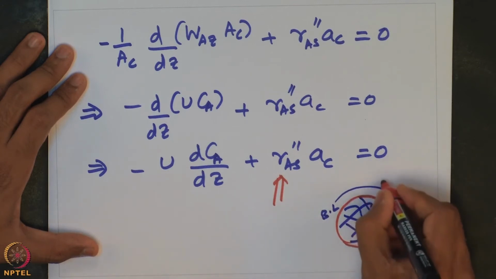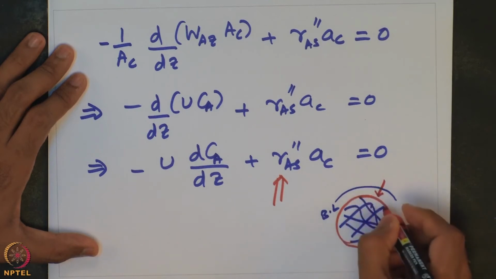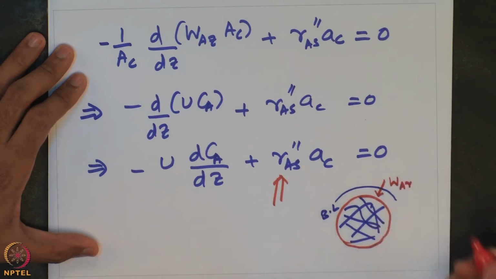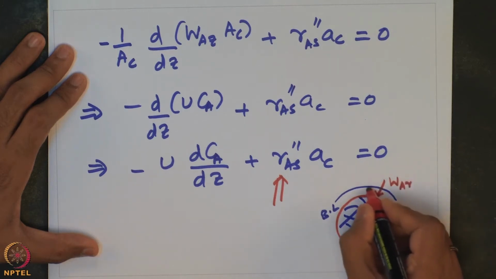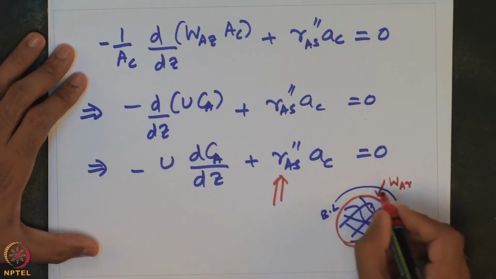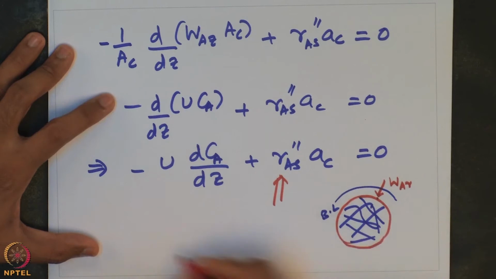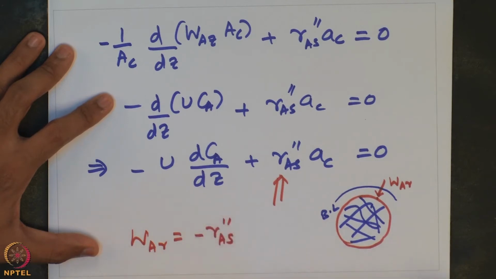The species which is entering through the boundary layer to the surface of the catalyst pellet, let us say that flux is given by WAR, and at steady state this flux with which the species is being transported from the bulk to the surface of the catalyst should essentially be equal to minus RAS double prime, that is the rate at which the species A is being consumed.